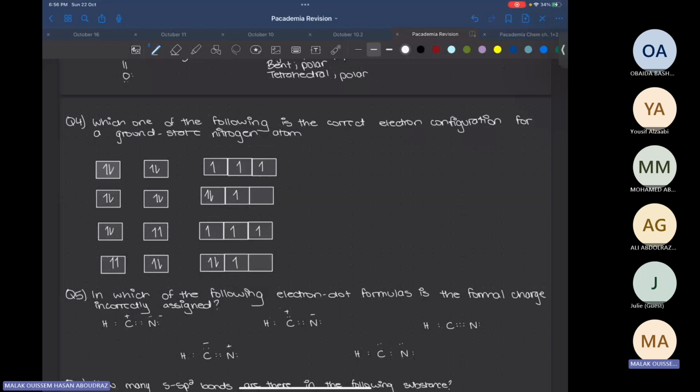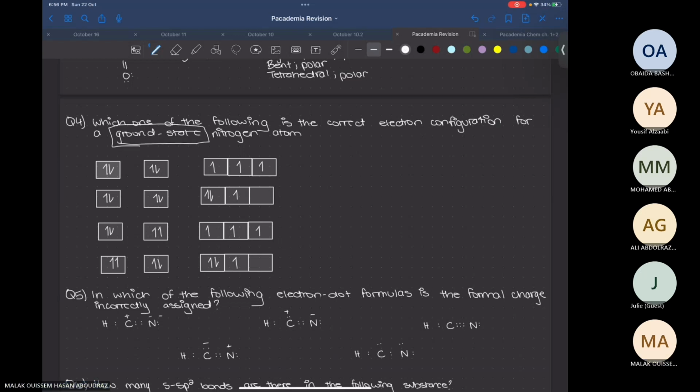This question, they're probably going to get at least one question that's going to ask you which one is drawn correctly. So I would recommend to go over the principles that you need to know when you're drawing the electron configuration. So basically the question says, which one of the following is the correct electron configuration for a ground state nitrogen atom?